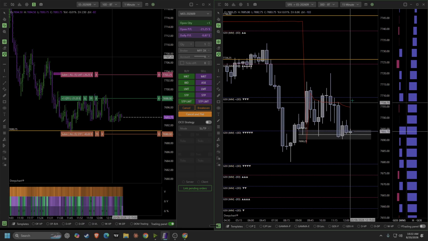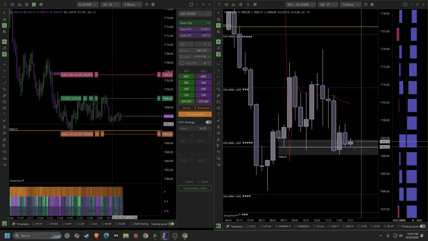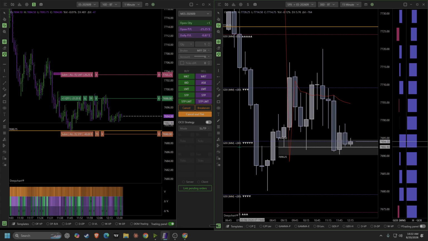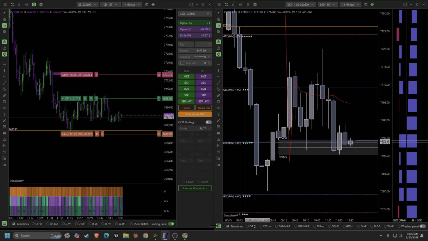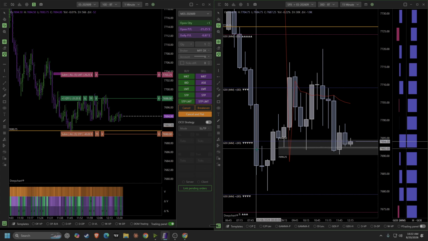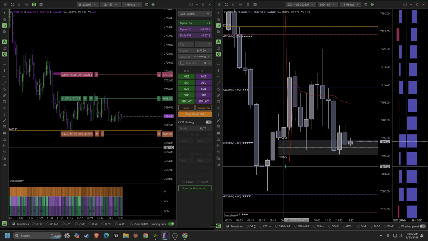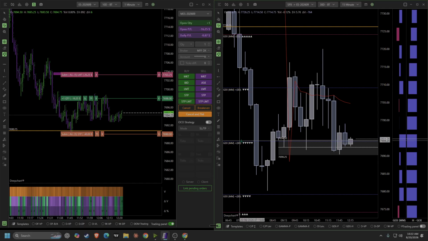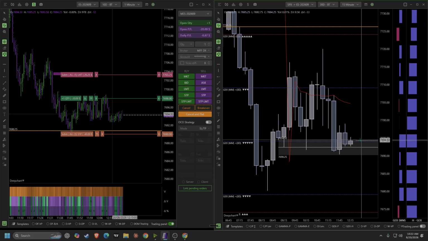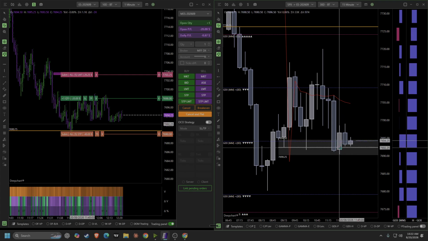And then we're also really fighting to hold this positive exposure GEX level where the market makers are mostly exposed. Generally when we get to these blue lines, these GEX levels, it acts as a brake.